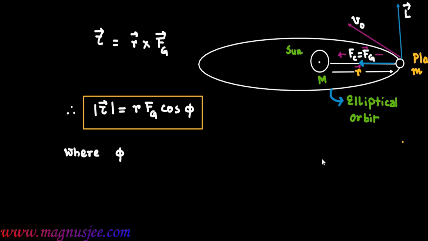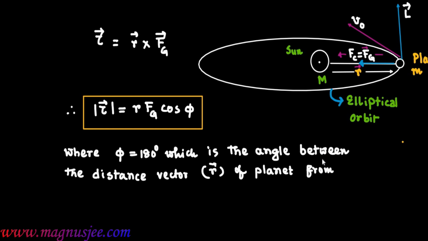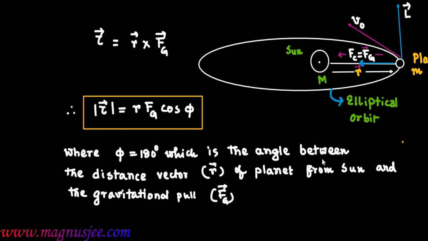That should be r Fg sine phi, where phi equal 180 degree, which is the angle between the mean distance vector r of planet from the sun and the line of action of the gravitational pull vector Fg.